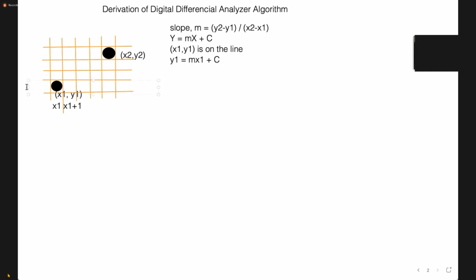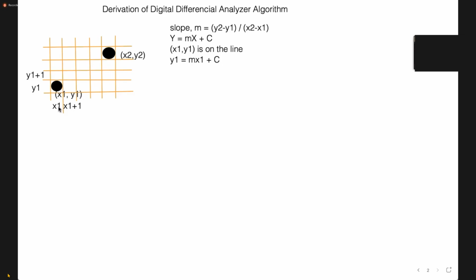This is y1, but here it is y1 plus 1. This particular location. Now, what we can decide is we have to go from here to here now. So we have to decide how we are going to do that.